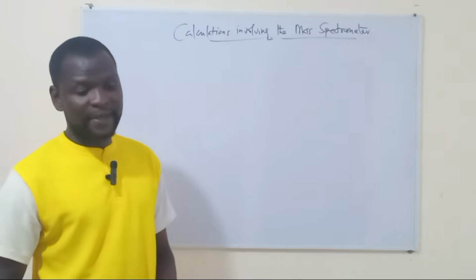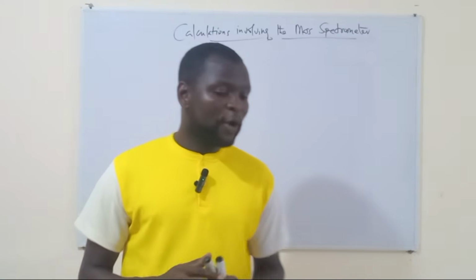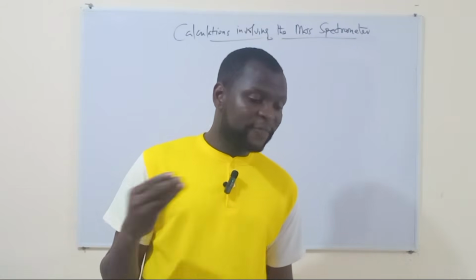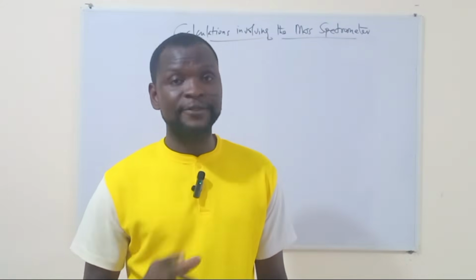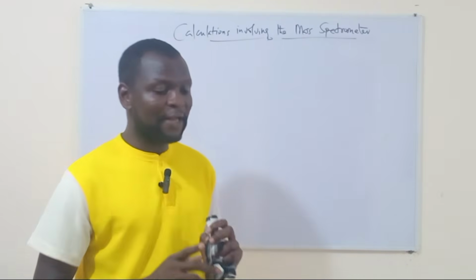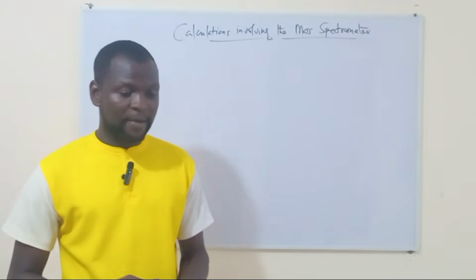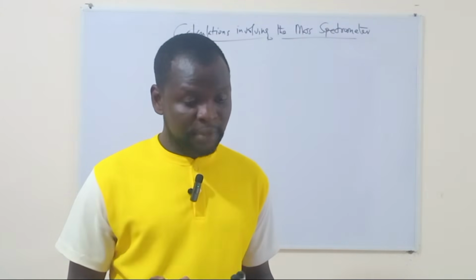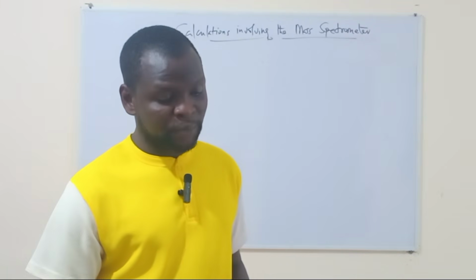So let's take an example. Naturally occurring boron consists of two isotopes: boron 10 has an atomic mass of 10 AMU, and boron 11 has an atomic mass of 11 AMU. The relative atomic mass of boron is 10.8.